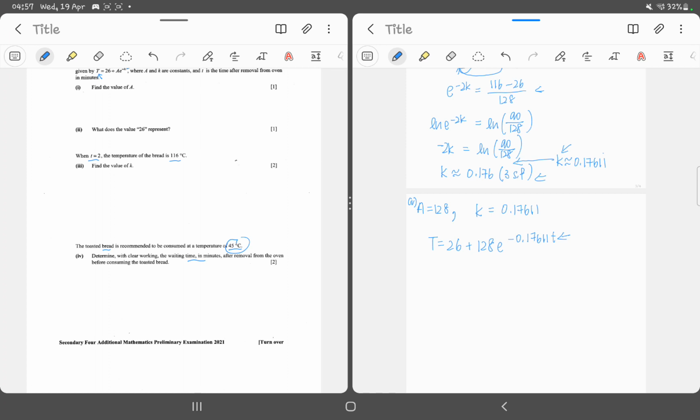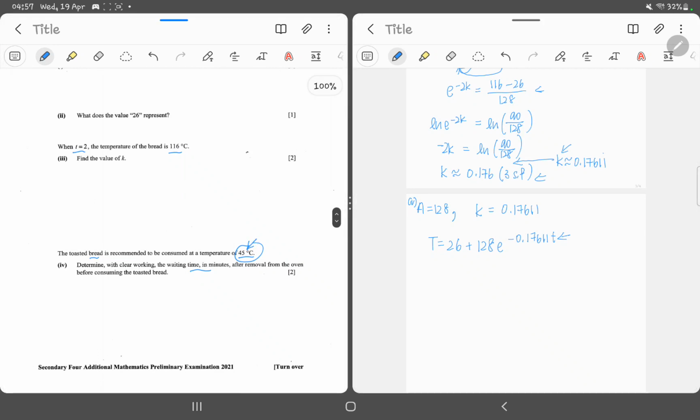That will give us the waiting time. So I'm going to substitute big T equals 45. So 45 equals 26 plus 128 e to the power of minus 0.17611 t, and e to the power of minus 0.17611 t is equal to this.